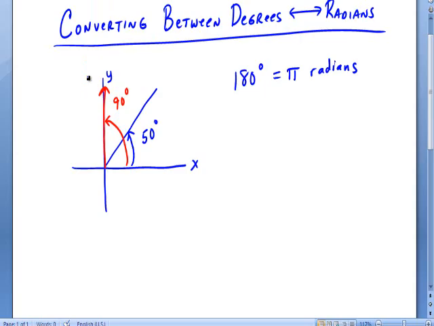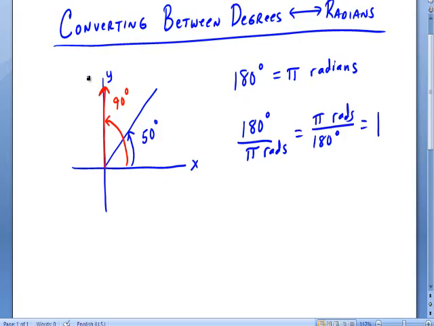So therefore, if we ever want to convert from one measure to another, we would multiply by one of the following two ratios. I would either multiply by 180 degrees divided by pi radians, or I would multiply by pi radians divided by 180 degrees, because both of these are equivalent to 1.